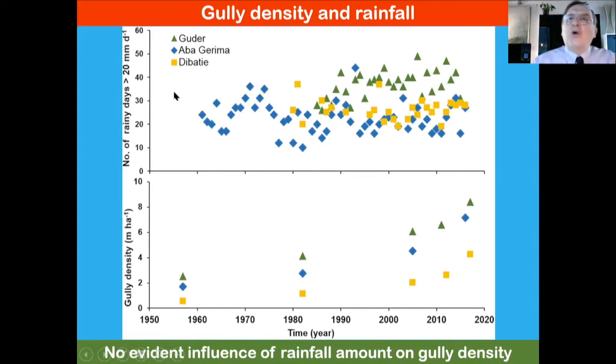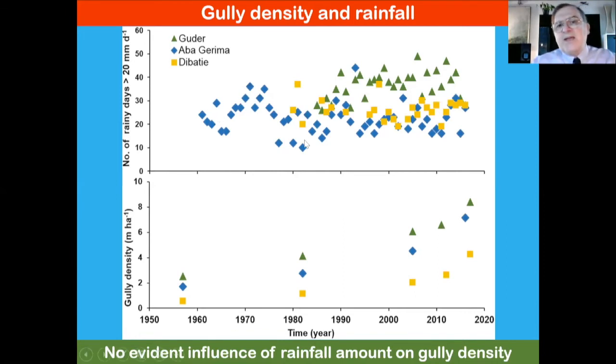And in order to try to point out the role of rainfall in terms of intensity and duration, we developed a very simple parameter, just counting the days with rainfall higher than 20 millimeters in 24 hours, just to give a rough idea of the rainfall effects.